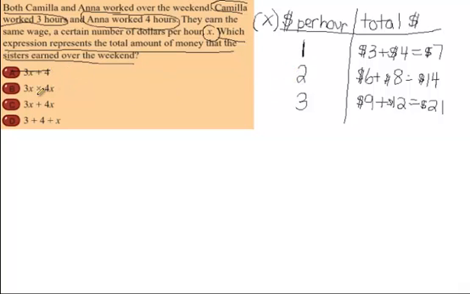Am I taking 3x times 4x? So am I going 3x times 4x? Let's just do it. If x is 1, 3x times 4x.